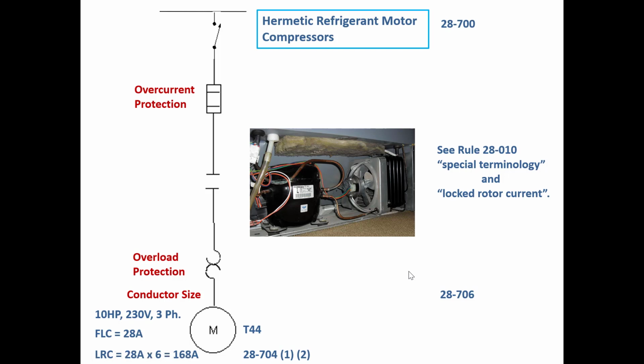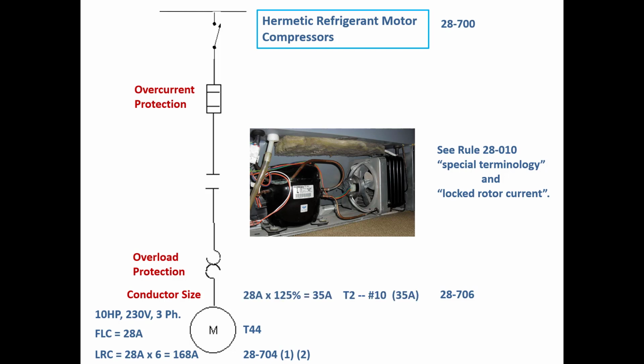So 28-706 is talking about our conductor ampacity. It says the allowable ampacity of the insulated conductors of branch circuits supplying a motor compressor, or equipment consisting of one or more motor compressors and other loads, shall be based on the marked rated current of the motor compressor or equipment and shall comply with the general requirements of the section.